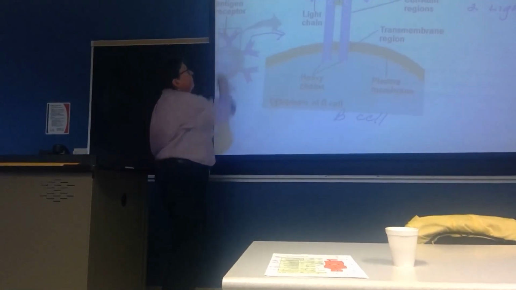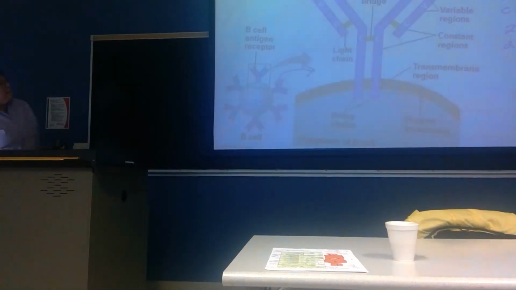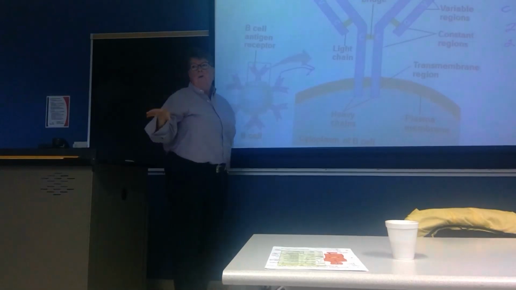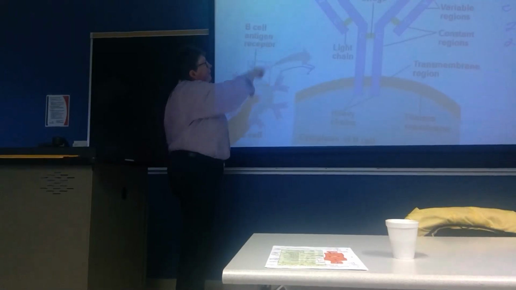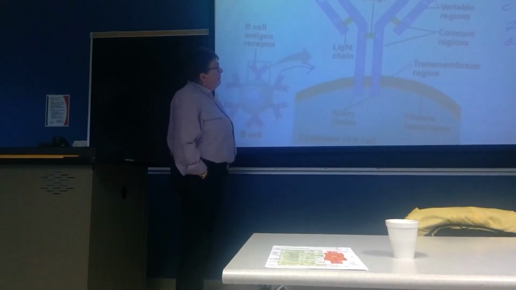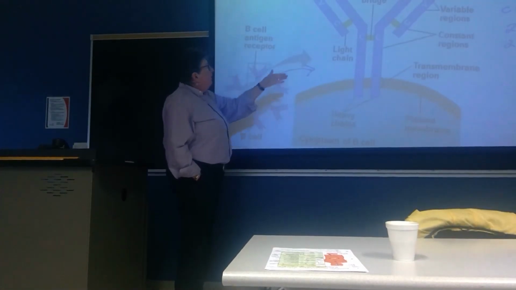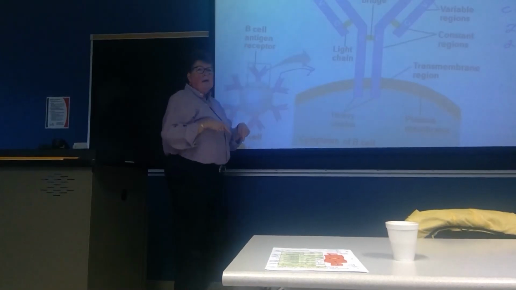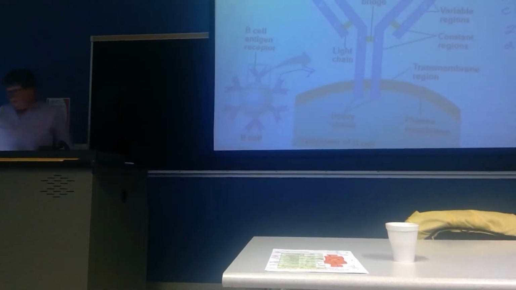At the tips, they have a place where they can bind to the antigen. Antigens are not good; they're foreign entities that we're trying to destroy. So you have an antibody-antigen response. You don't have to know a lot of the extra stuff about antibodies, but if you see a shape like that, it's an antibody, which is part of the B cell humoral response.